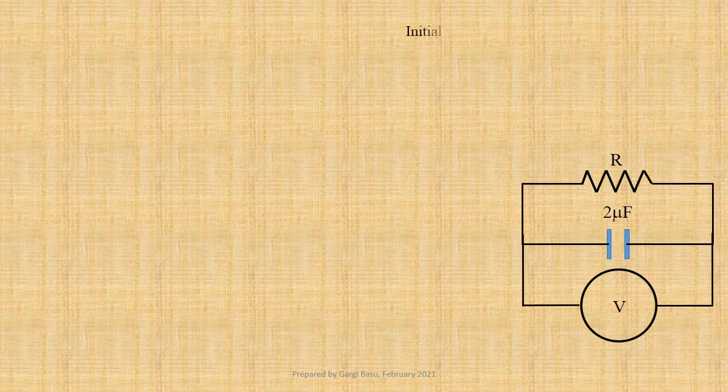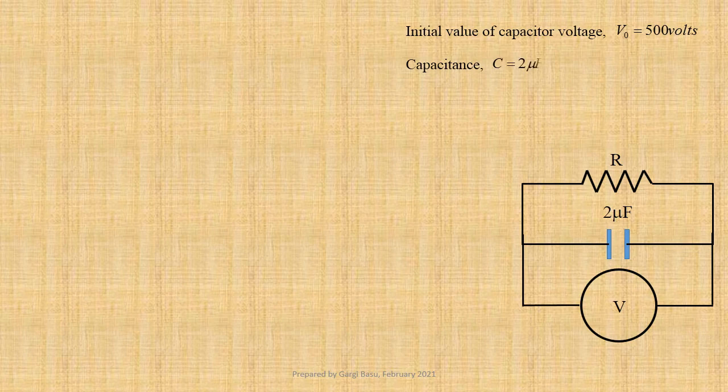Given initial value of capacitor voltage V0 equals 500 volts, capacitance C equals 2 microfarad. During case 1, we have calculated leakage resistance R equals 649.21 mega ohm. Case 2.